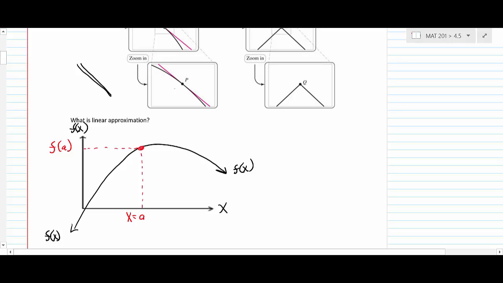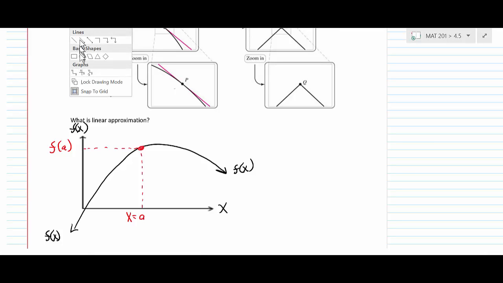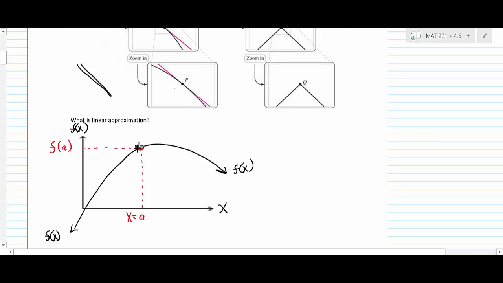You know that already. Now, what we're going to do is draw a tangent line to this, so just approximate a tangent line like that. It doesn't have to be perfect. We're going to represent the slope of this as f prime of x. That's your tangent line.